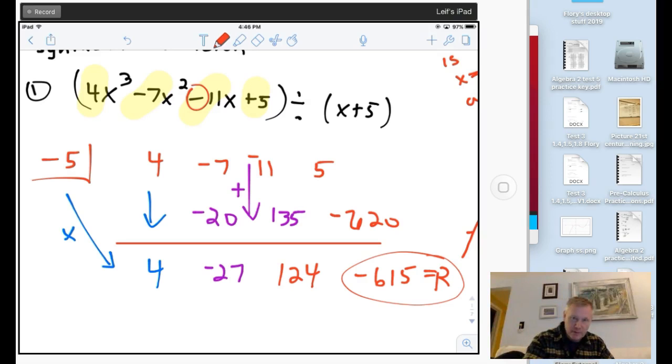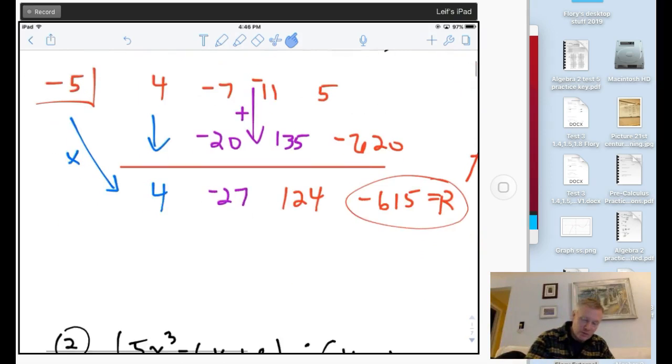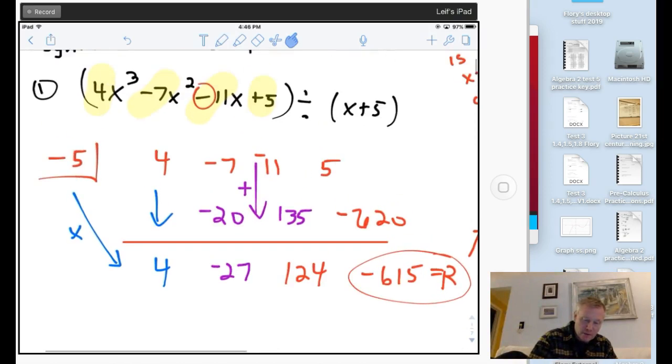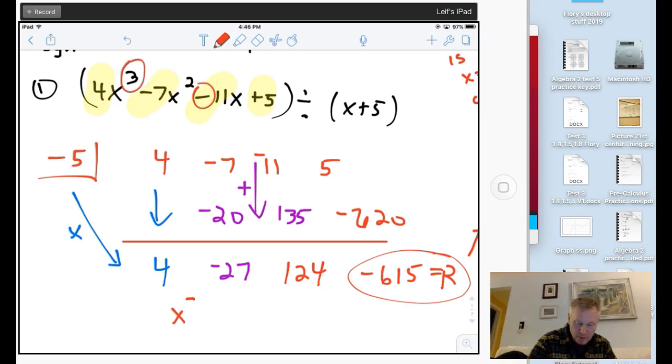So anyway, that's what that is. Now, that's not the way you should write your answer. The way you should write your answer is, I start up here with the x to the third, so I'm going to subtract 1 from that and go to x squared here. These are the coefficients.